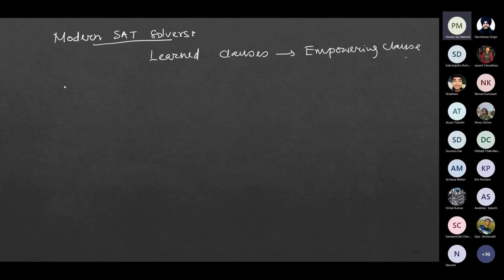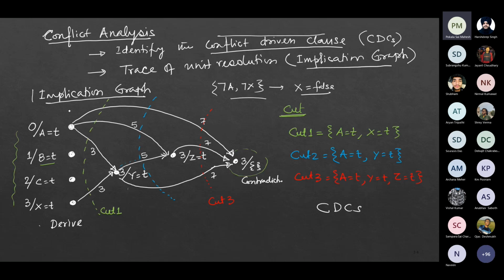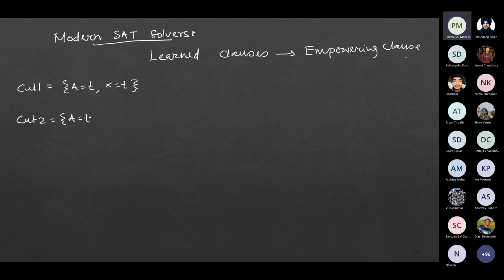For that, we define something called an asserting clause. Let me first write down the clauses that we have obtained. We have got three clauses. In cart 1, we have got A equal to true and X equal to true. In cart 2, we have got A equal to true, Y equal to true.